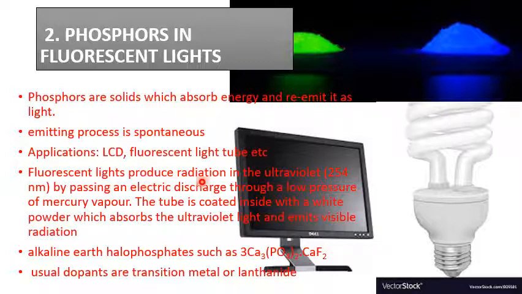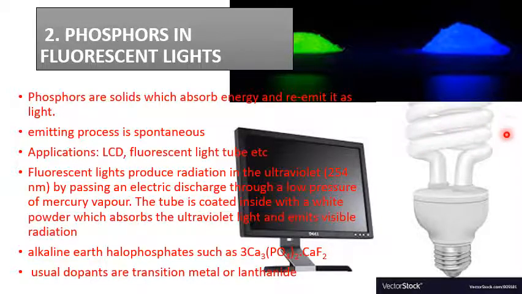A fluorescent light produces radiation in the ultraviolet by passing an electric discharge through a low pressure of mercury vapor. This explanation is about the fluorescent tube present inside this bulb.